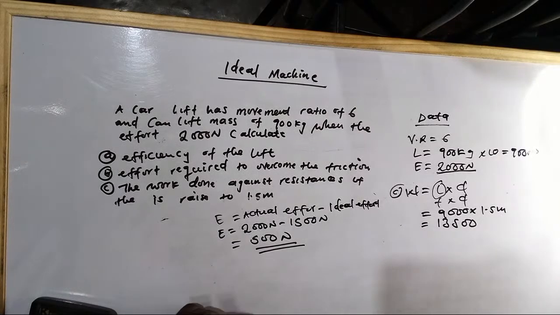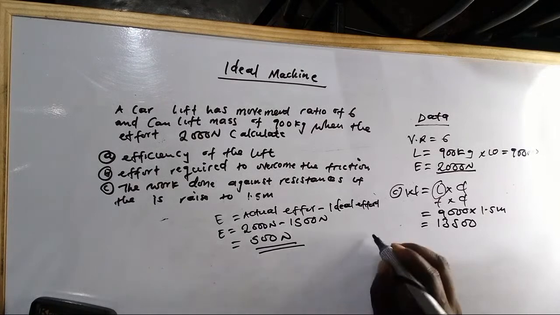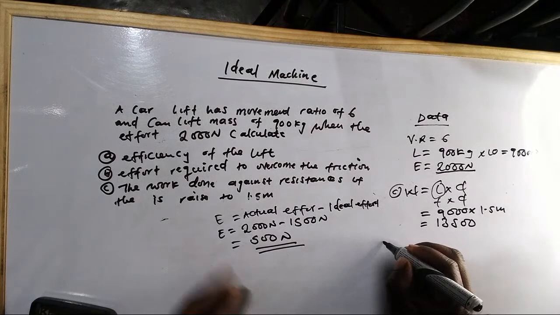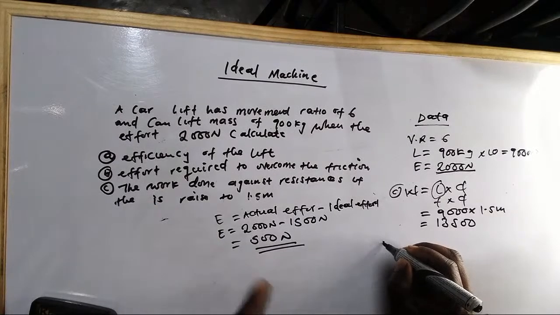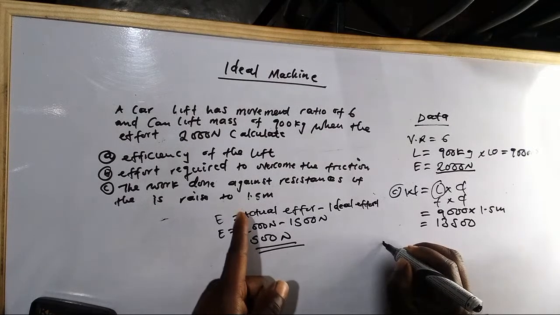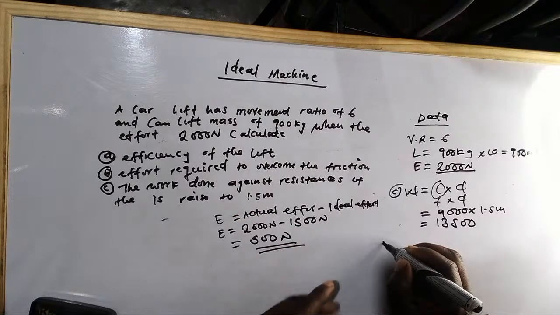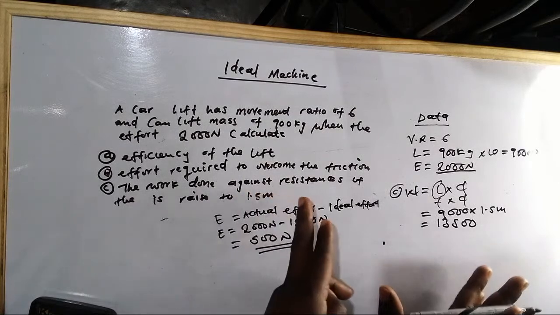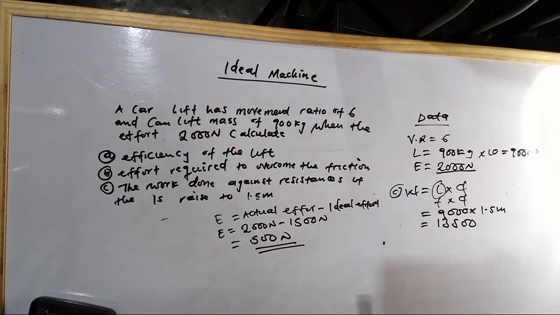We all know efficiency. There is another formula for finding the work done, because here we have to find the work done against the resistance. Here we have just found work done, so let's find the resistance of that machine.